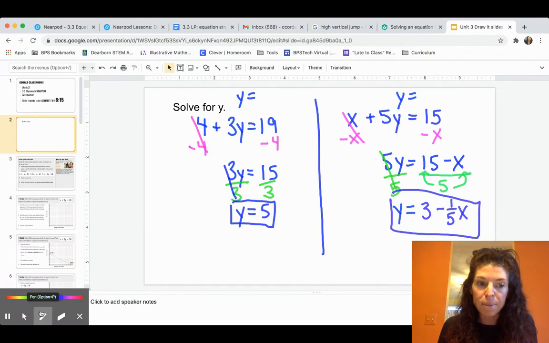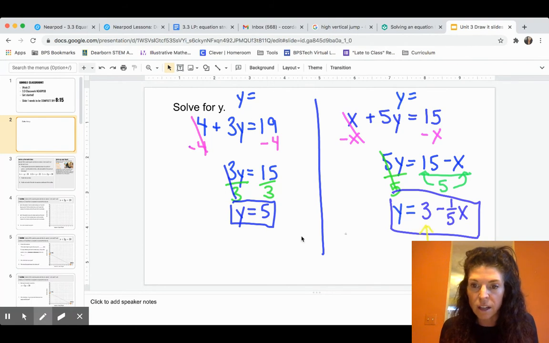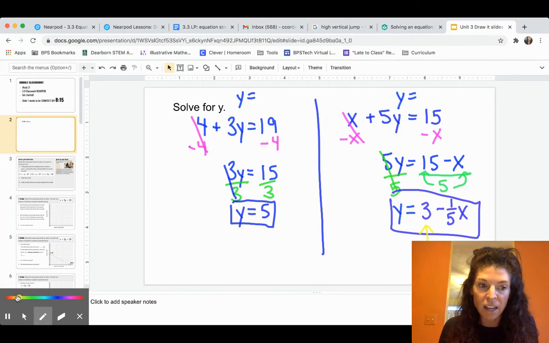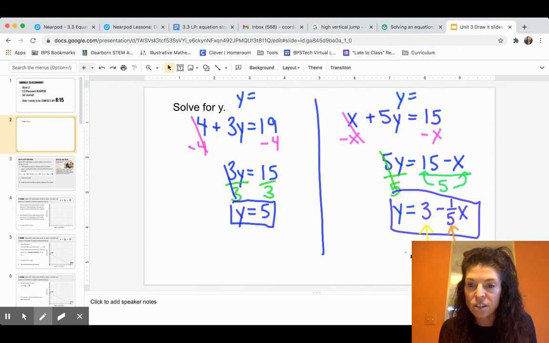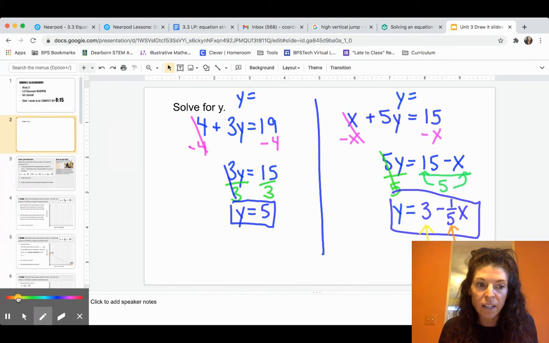This also happens to tell us, because the y is by itself, and there's a number by itself, a constant, and there's a number in front of the x, this actually tells us the slope and the y-intercept.